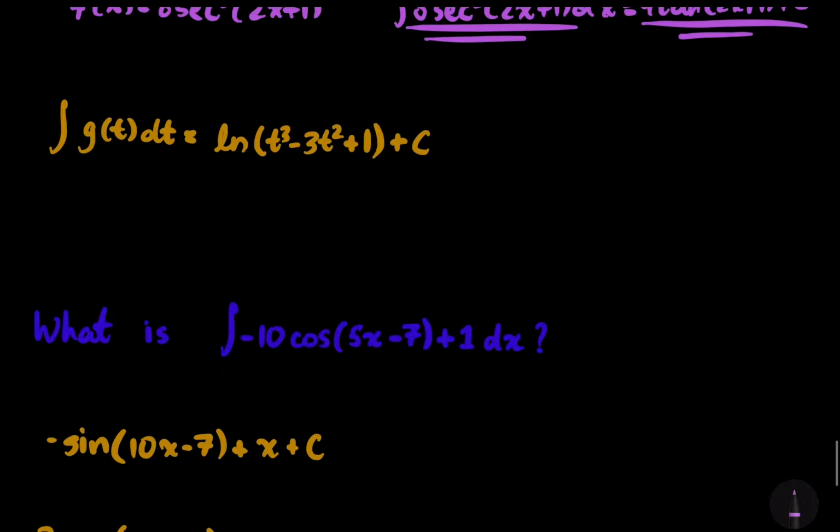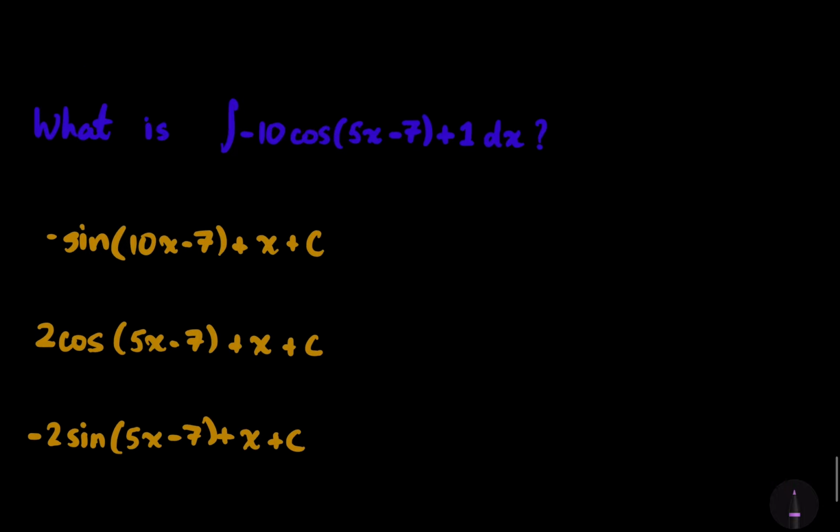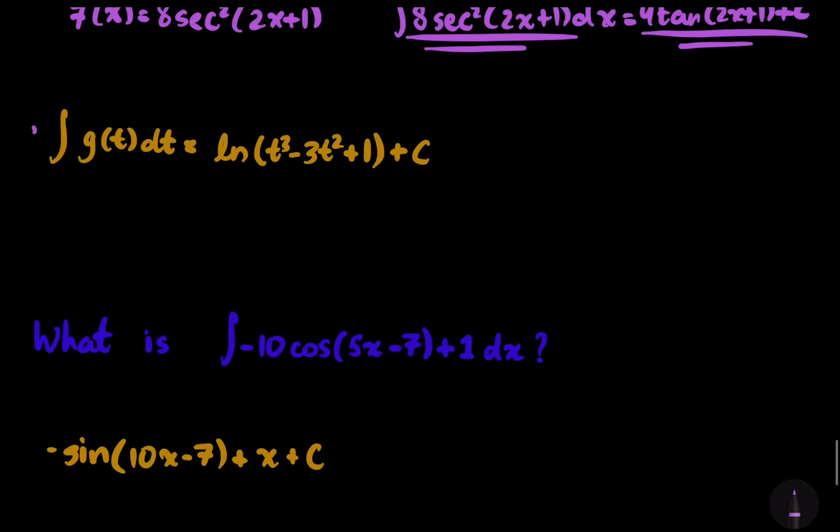Then another example: we have the indefinite integral of g of t dt, and it's equal to the natural log of t cubed minus 3t squared plus 1 plus c. Again, we can apply the derivative with respect to t in this case, because that's the new independent variable, to both sides of this expression.